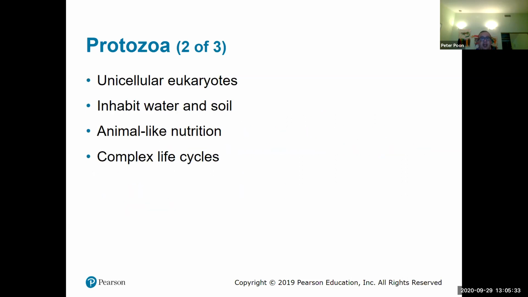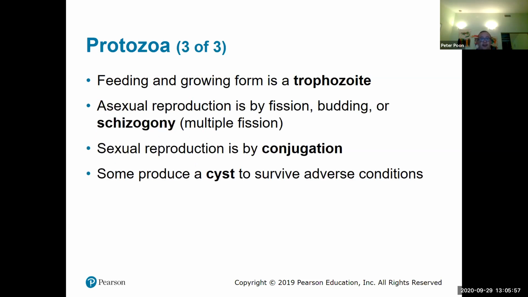Okay, so protozoa are unicellular eukaryotes. Protozoa, zoa is zoo. Zoo is where you go see animals. Proto is before. So protozoa are primitive animal-like things, and because they're animal-like, they have animal-like nutrition.